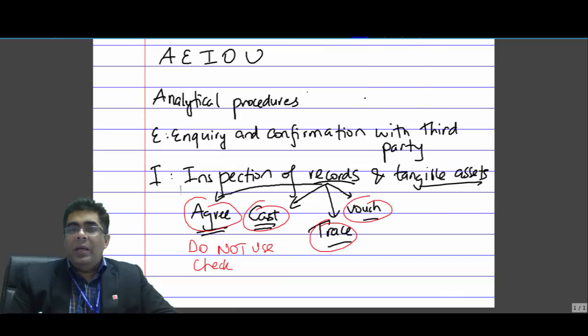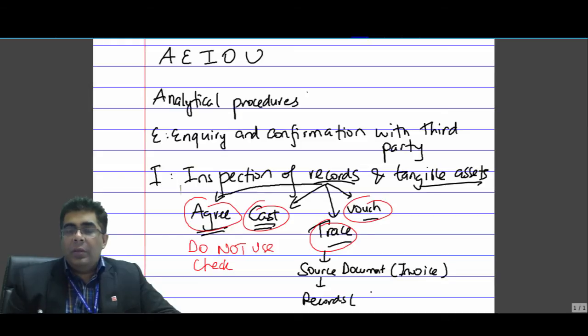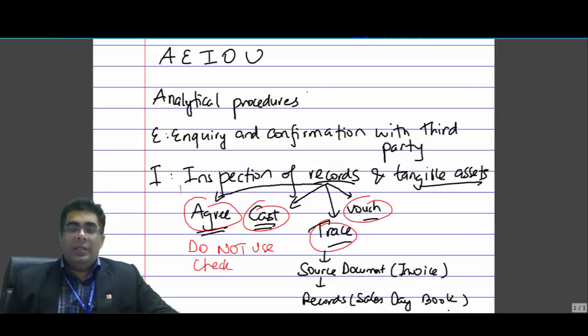What do you mean by trace, if you're wondering? For example, you are tracing from the source document to the records, for example from invoice to the sales day book. That is forward.